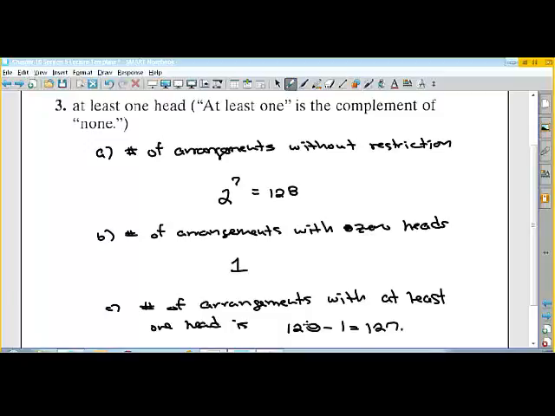That's a lot easier than, we can't answer this question using the fundamental counting principle alone. The only way we could do this is a tree diagram and list them all and then look at them and say, okay, which ones have at least one head. You could count all 127 of them. But it's a lot easier to use the fundamental counting principle to calculate the total number and to calculate the complement, which is no heads, and take the difference.